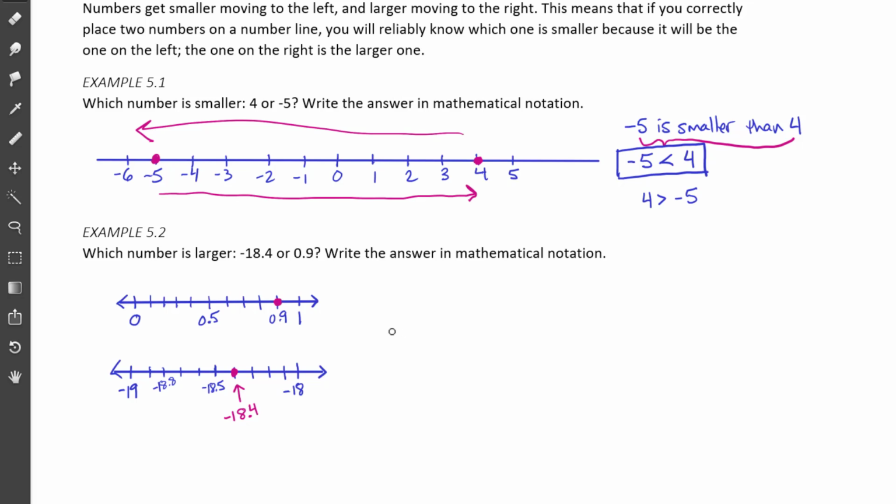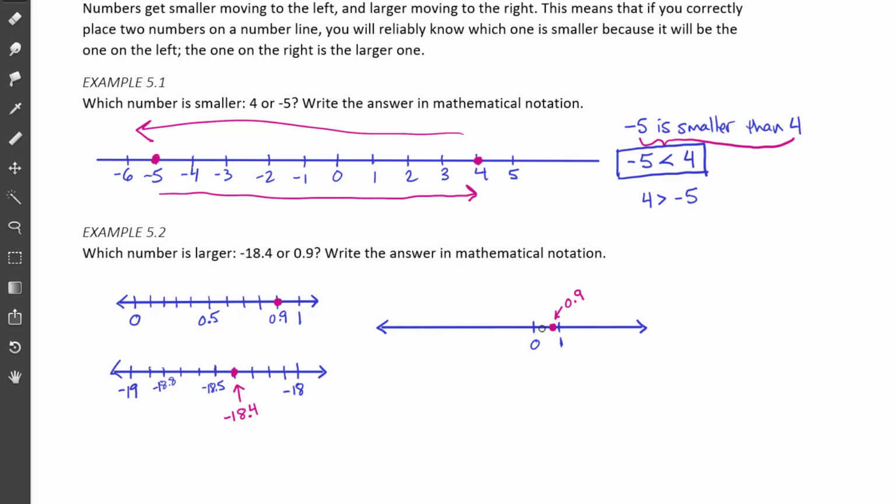How does this help us order these numbers? Instead of doing all these subdivisions, I'm just going to put some key features on this number line, because you don't want to write out every single tenth in order to make a simple number comparison. Here I'm going to put my 0, here's my 1, and so 0.9 would be somewhere close to that 1.